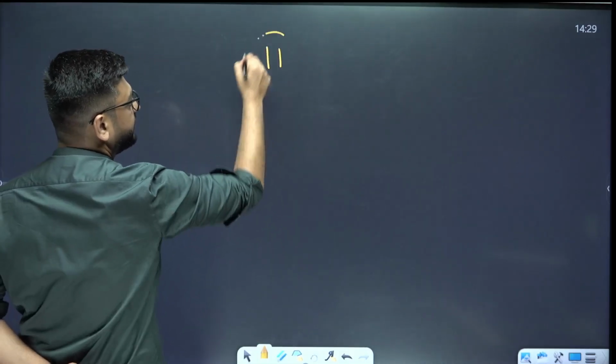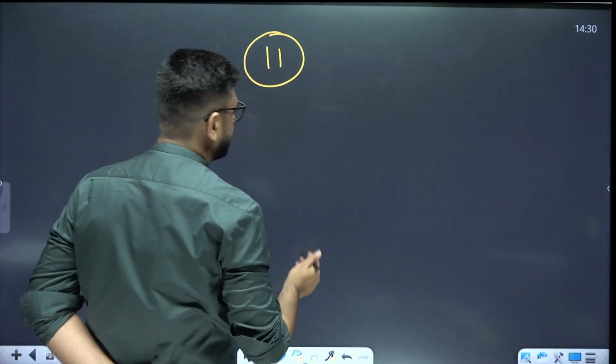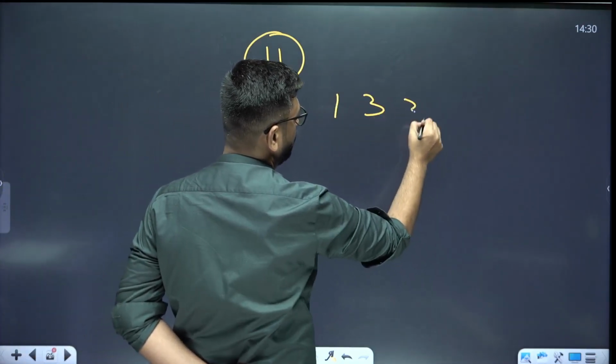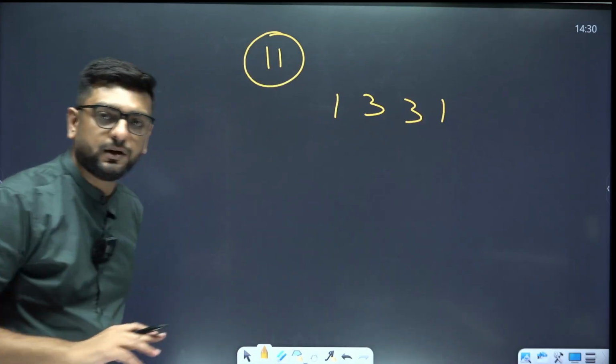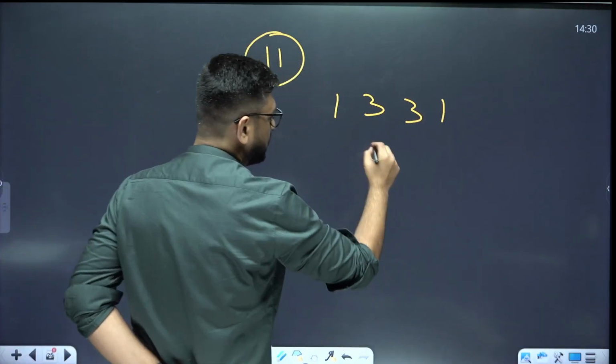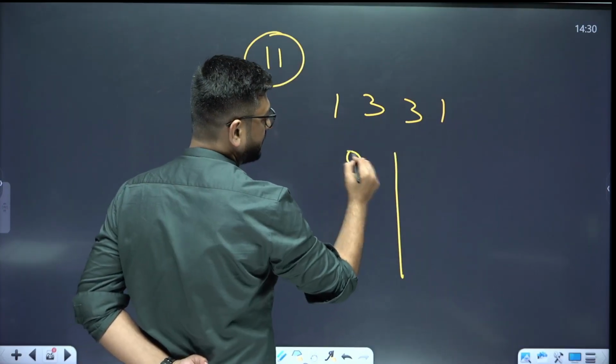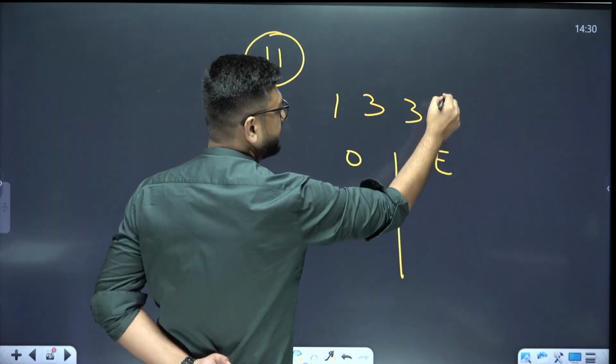Now for 11, the divisibility rule of 11 is that, let's suppose I have a number 1331. Now what will I do? I'll segregate it into odd and even positions.